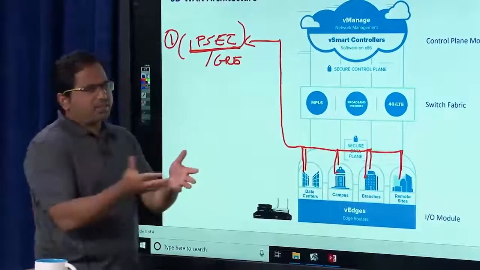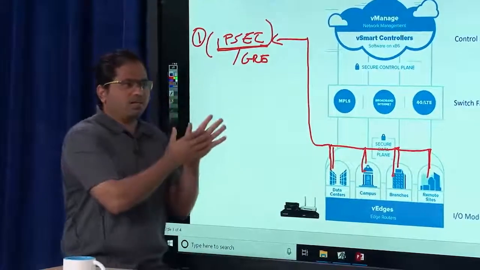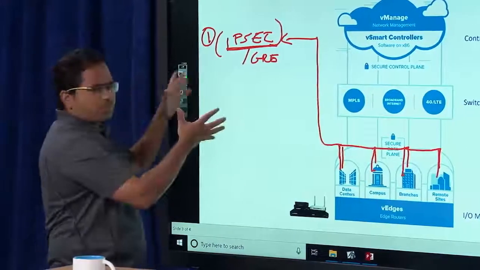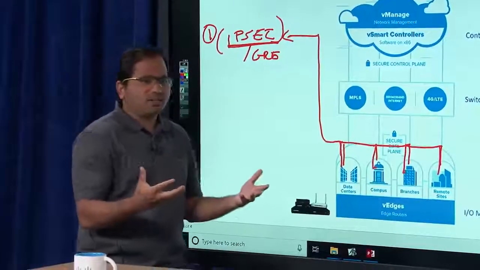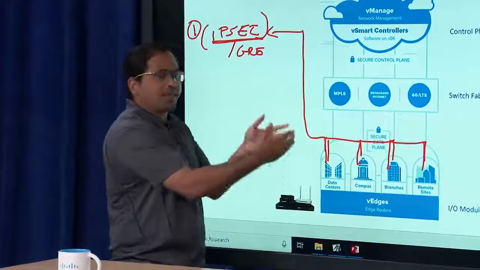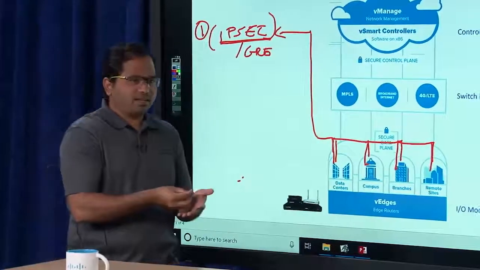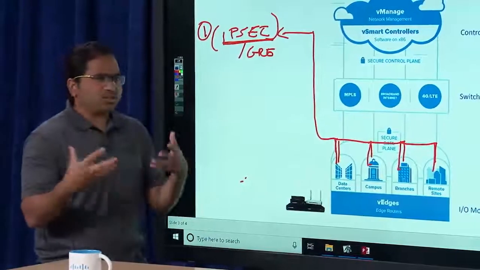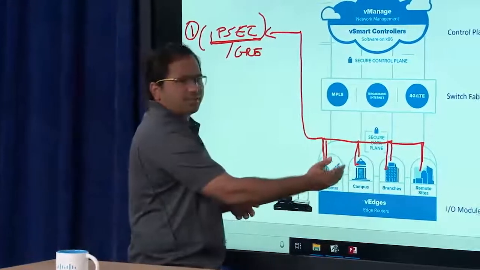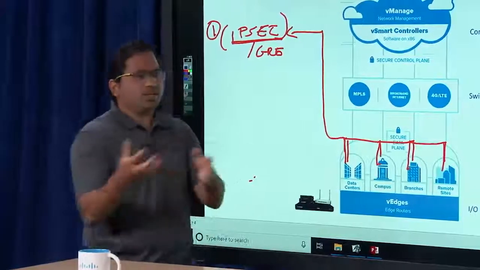The data plane is essentially the routed traffic that we spoke about right up front. The control plane was the routing traffic, the exchange, forming a secure channel between the edge and the controllers to exchange the routing packets. Now we need a secure channel between the edge devices to get the routed traffic over from one end to the other end.